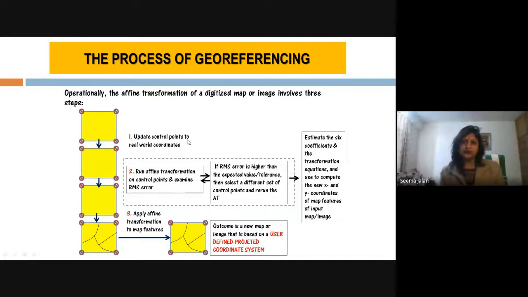So you can take building corners, road intersections, or, suppose there is a bend in the road or a canal, some kind of permanent feature which has a clear geometrical shape, so that the corners or intersections can be identified.